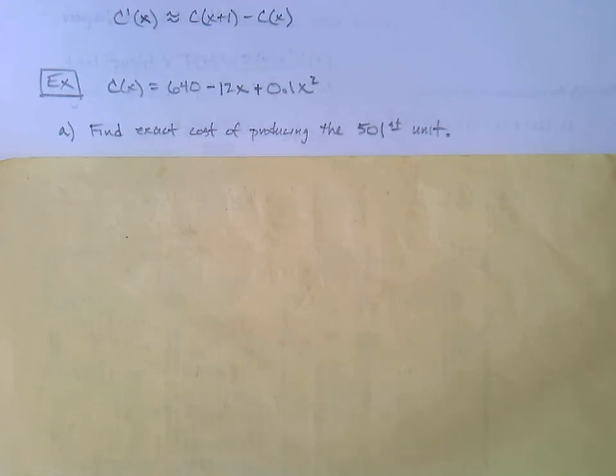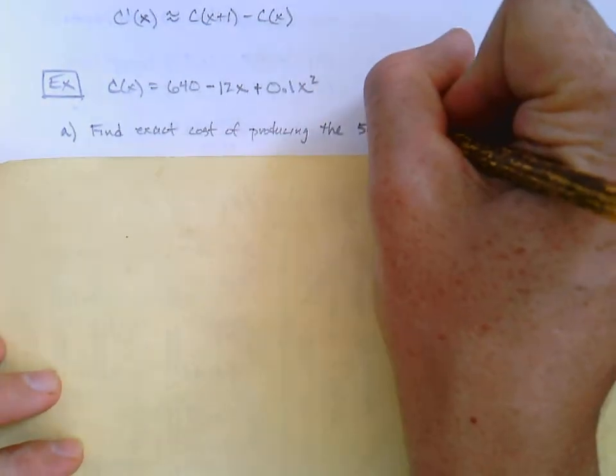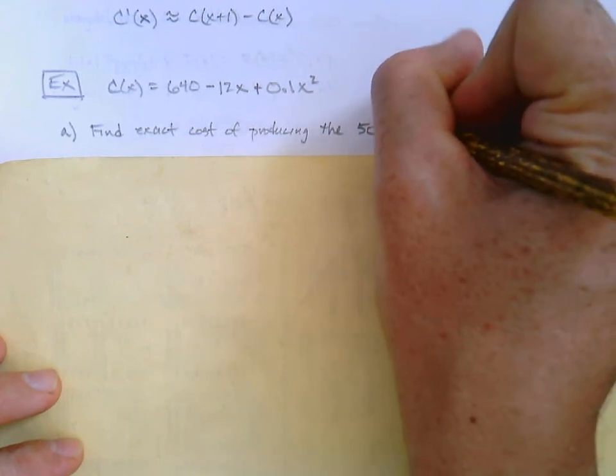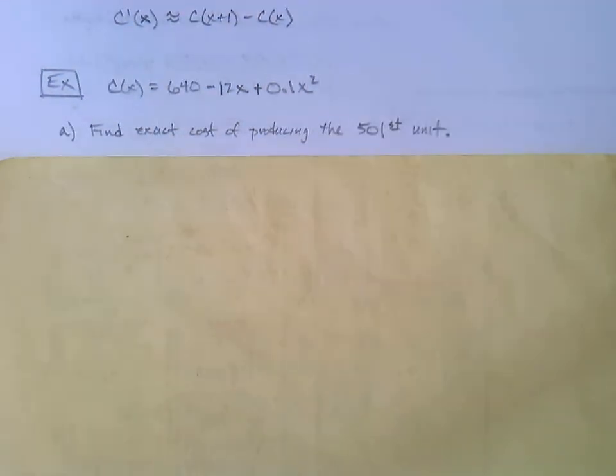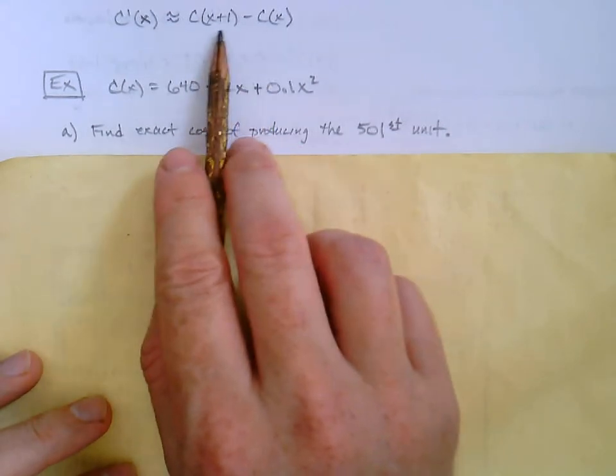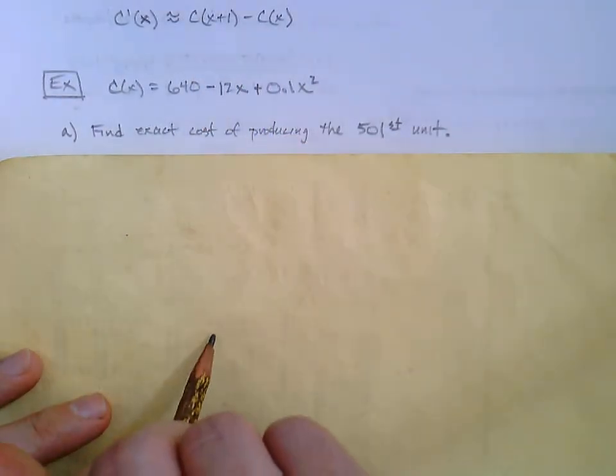Let's find, in part A, the exact cost of producing the 501st unit. The exact cost to produce just that very last unit, number 501. Okay, so we'll use our formula here, and X will be 500.